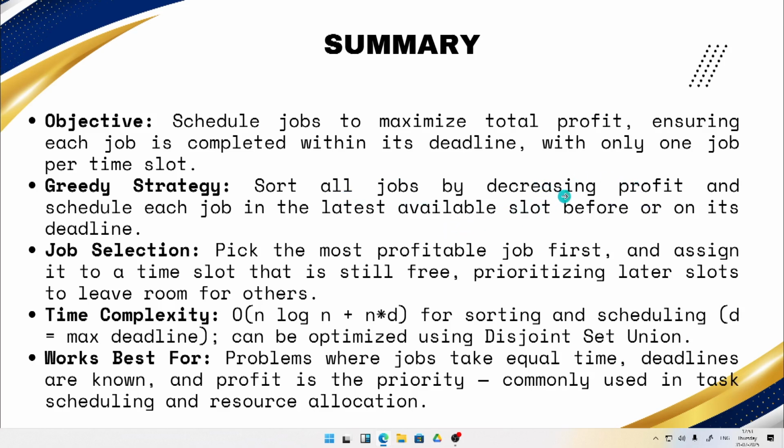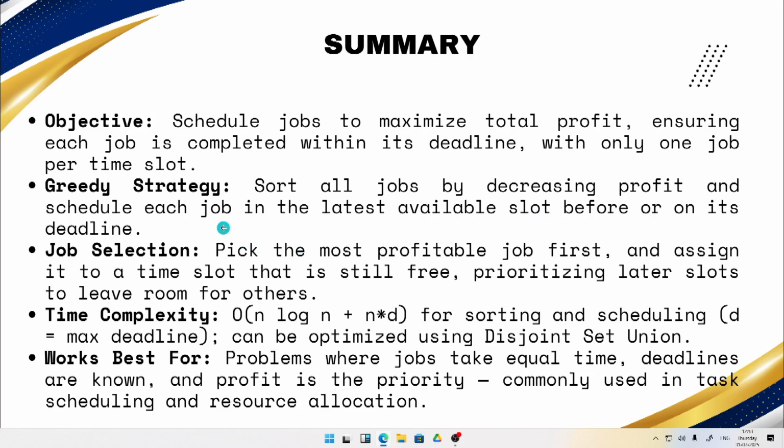We arrange them according to the decreasing order of profit, and we try to schedule each of the jobs to the latest available slot. The reason for allocating the job to the latest available slot is that if some slots before those slots are left free, then that could help us to accommodate more jobs by looking at their deadline.